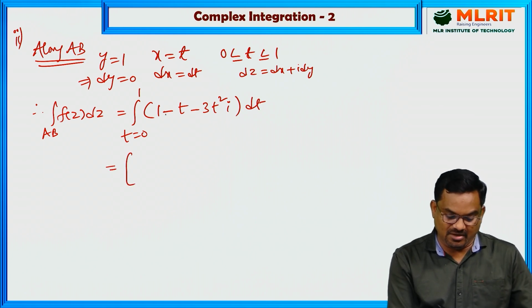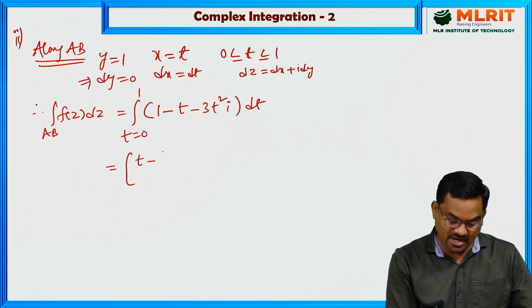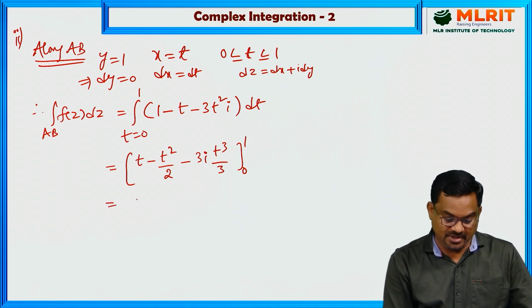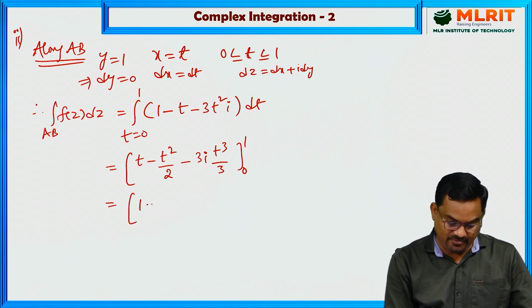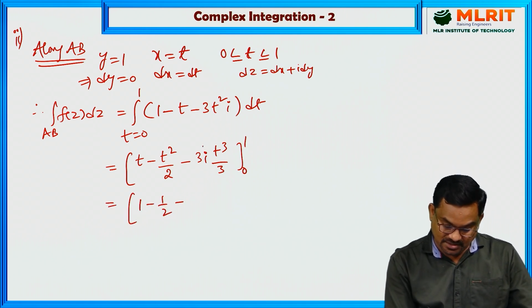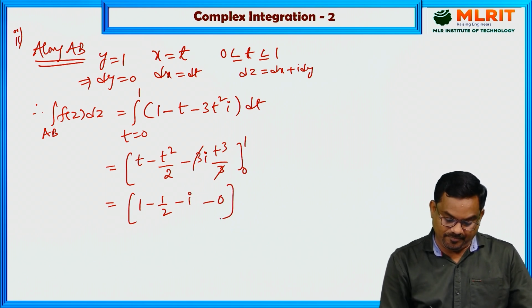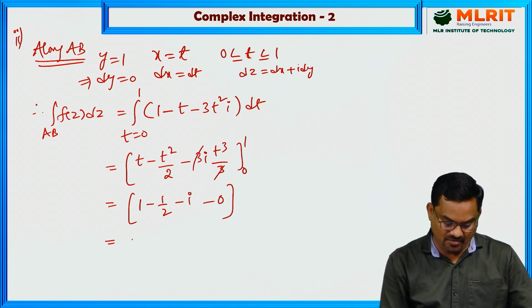So the integral gives t minus t squared by 2 minus 3i times t cubed by 3 from 0 to 1. Applying the limits, upper limit 1 minus 1 by 2 minus i, lower limit 0. So this is 1 by 2 minus i.